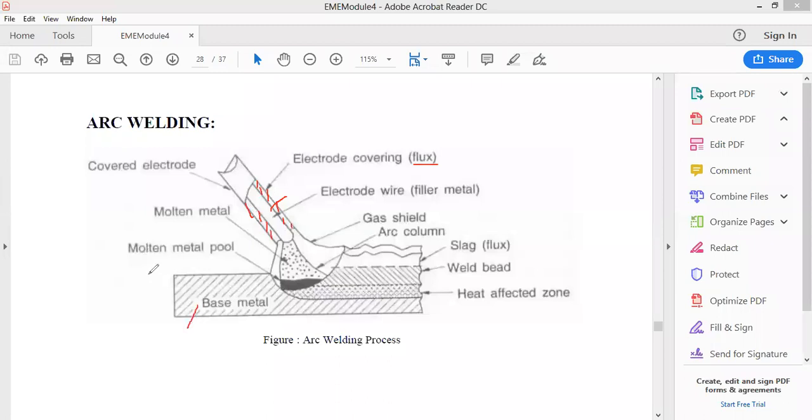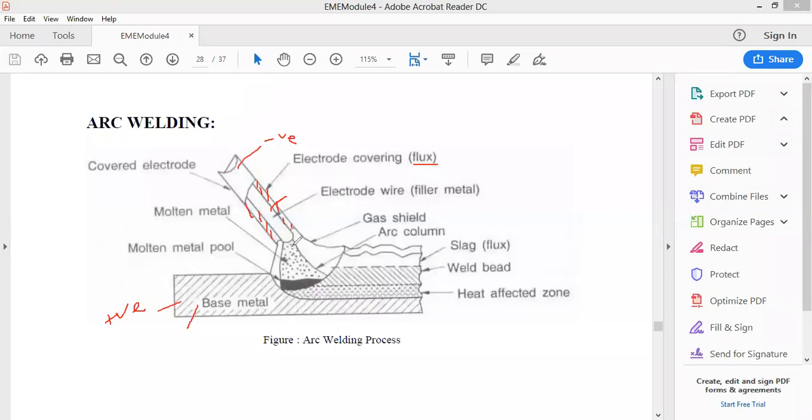So here we take a cut section to see how this welding happens. This electrode will be given a negative polarity generally, and the base metal will be given the positive polarity, right? So when this electrode is brought very close to this metal surface, positive and negative polarity are very close together, so current starts to flow and an arc is produced.